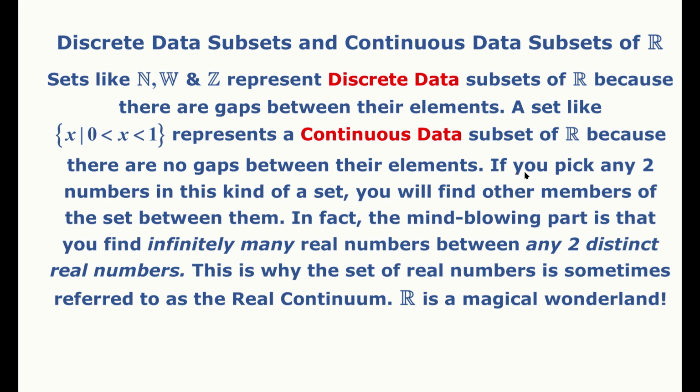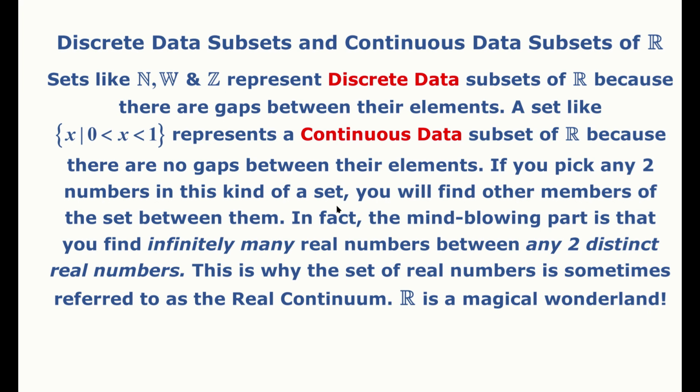What we mean is that if you pick any two elements of this set, then you can find other elements of this set between those 2 points. Therefore, no gaps, right?